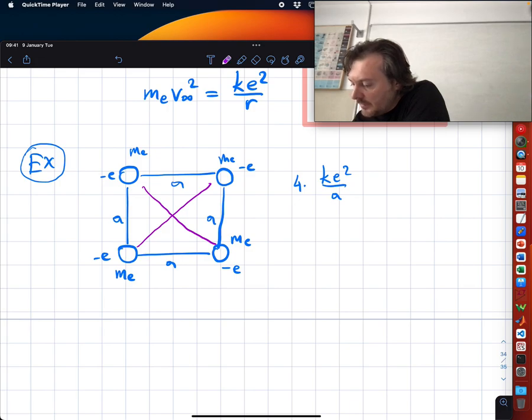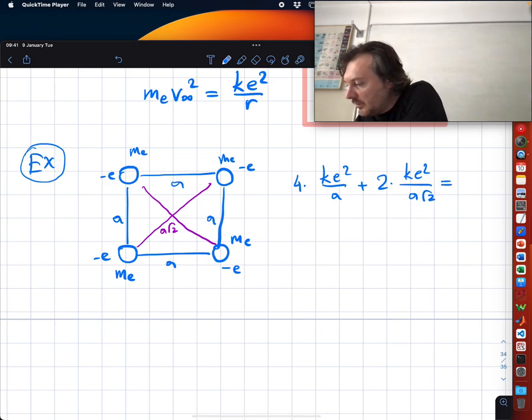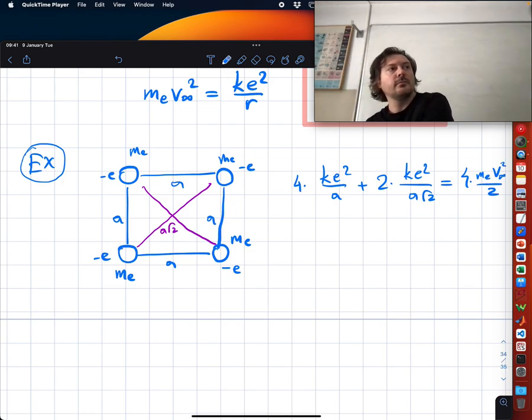And for these ones, I have a square root 2, right? So I have plus 2 of ke squared over a square root 2. And this whole thing should be equal to 4 times m_e times v infinity squared over 2. That's it. You can find the answer later on.